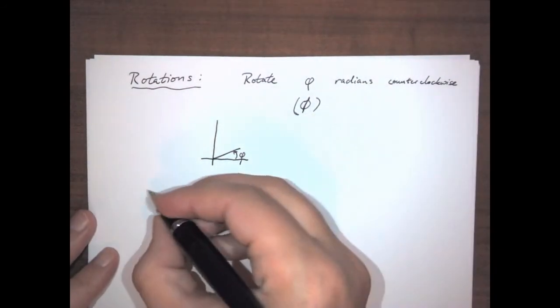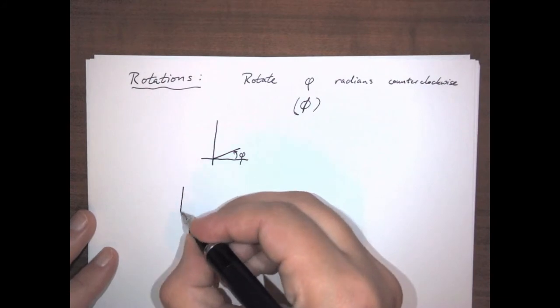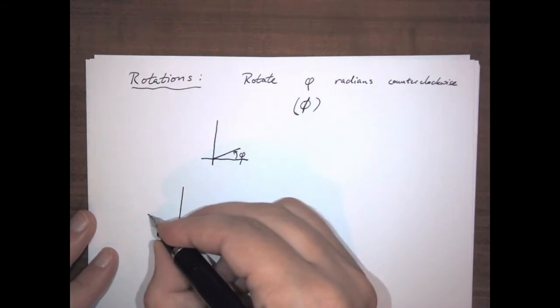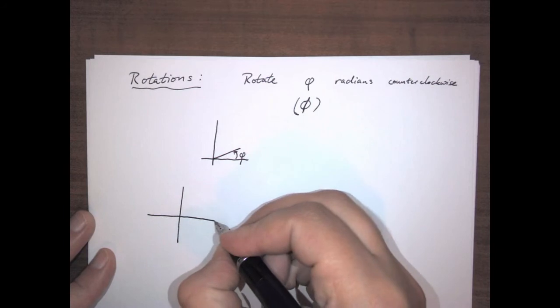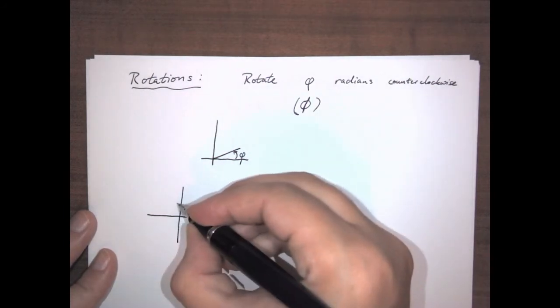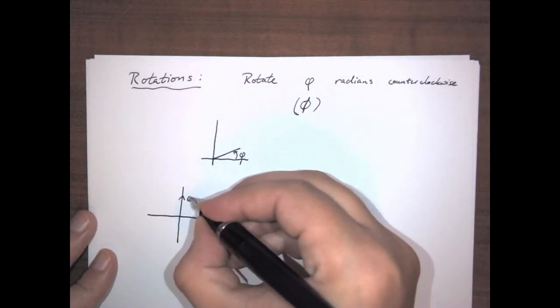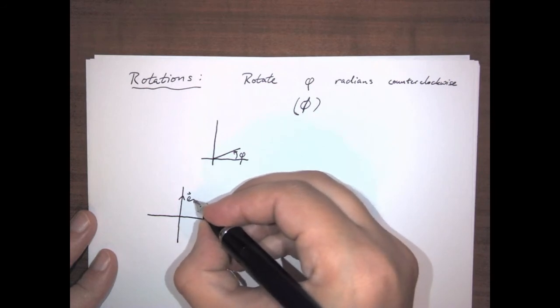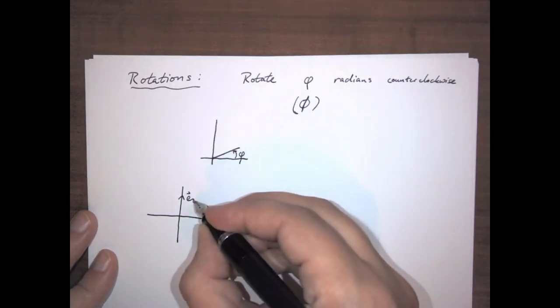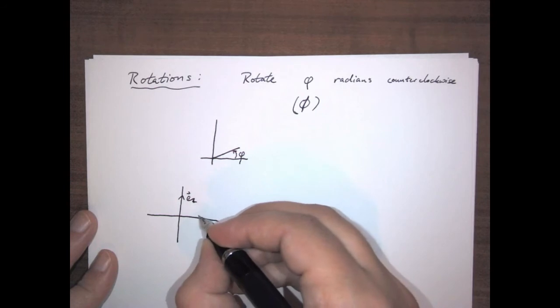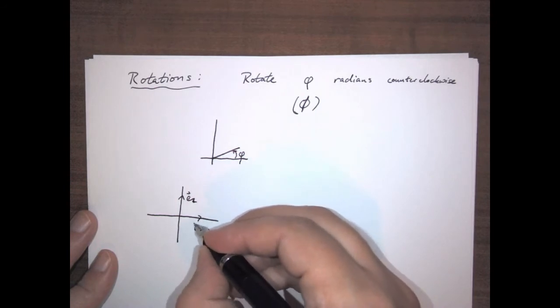Okay, so now let's think about where this would take our precious little standard basis elements. So the default initial starting position of E2 is right there, and E1 is right here.